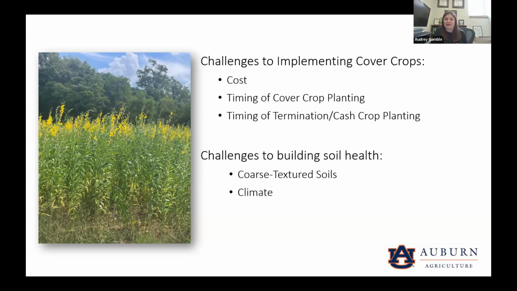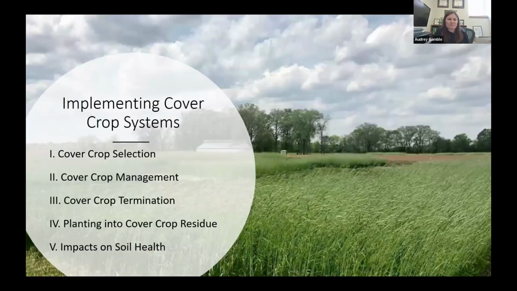Similarly, our climate, it's hot and humid, and that encourages the breakdown of organic matter more quickly than more northern regions of the United States. So those are some of the things working against us. And so one of the things that I want to talk about today is how we can overcome some of these challenges. So I have this broken down into 5 different sections as we go through this PowerPoint.